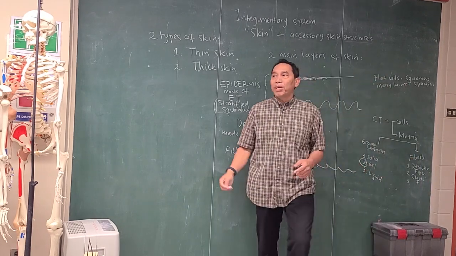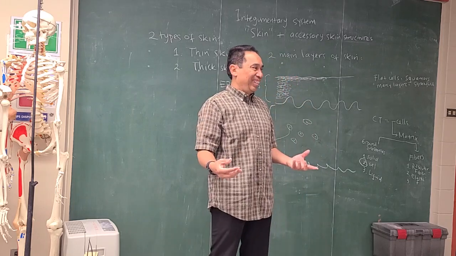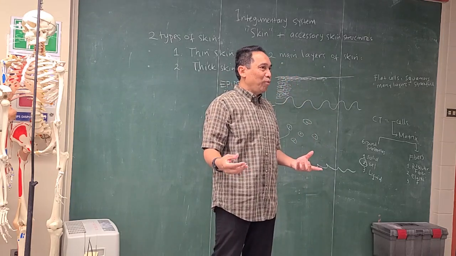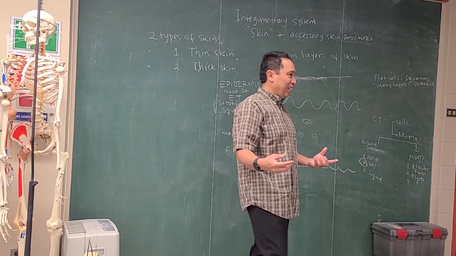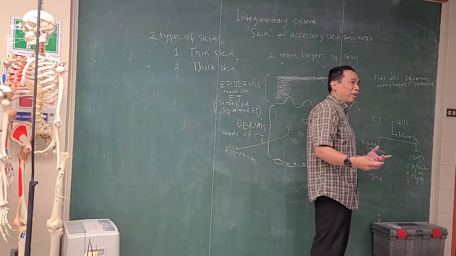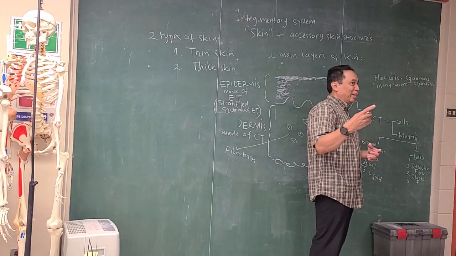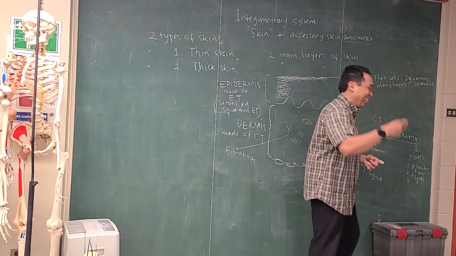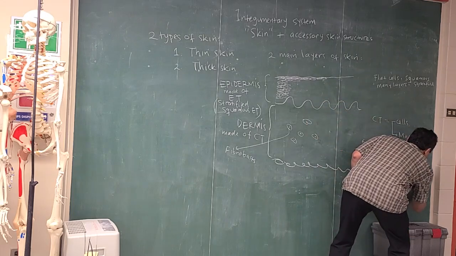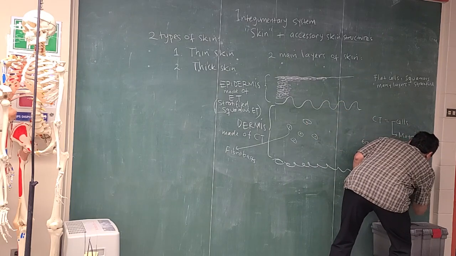And the last one is very, very thick and strong. Mostly we have it in our bone. Anybody know the name? Collagen. It's called collagen fiber.